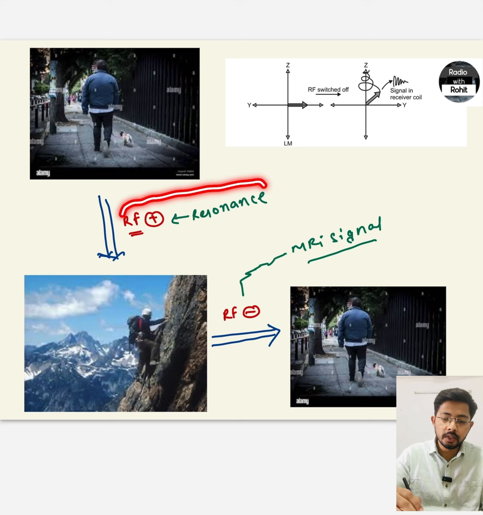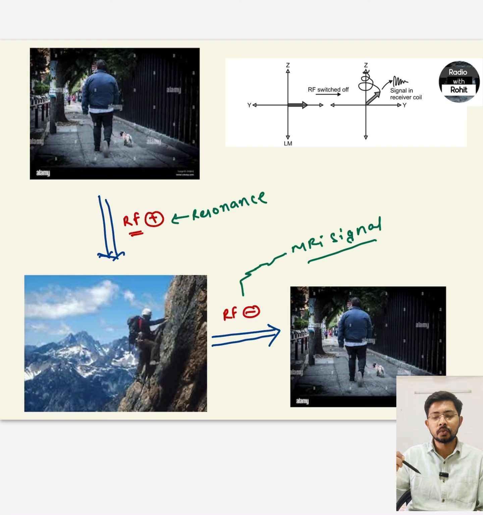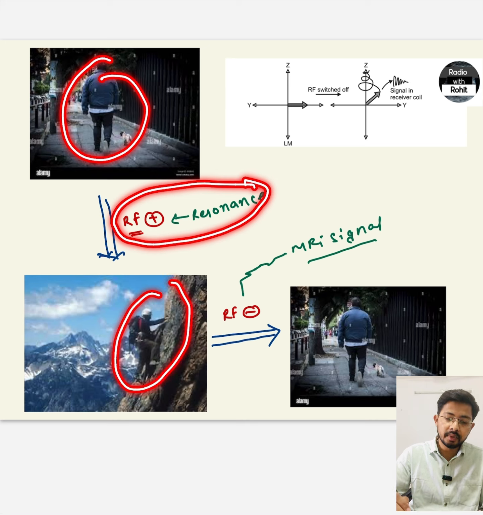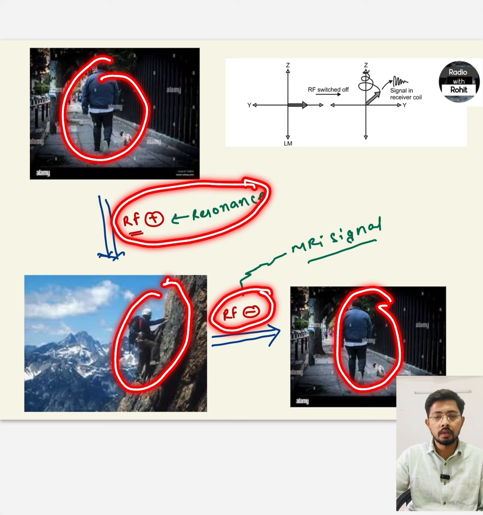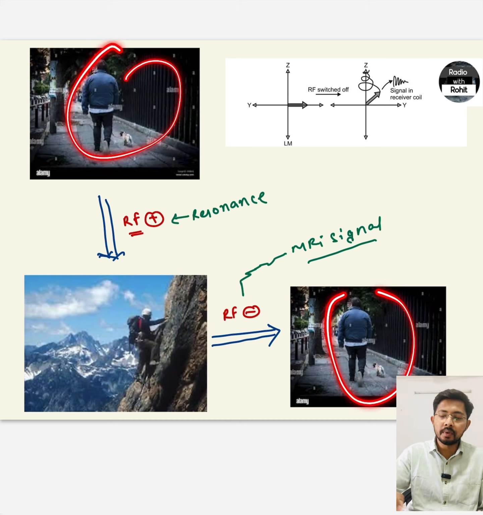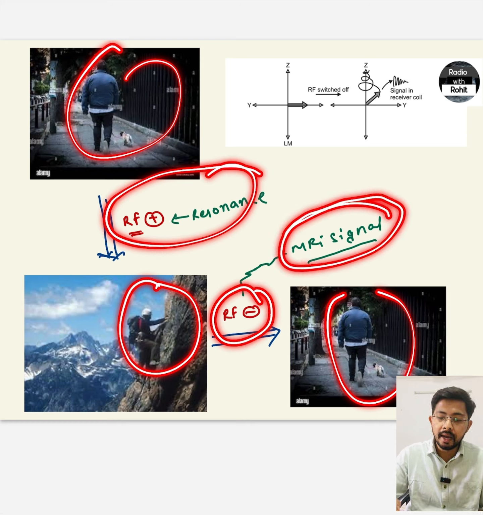As soon as we give this person some extra energy, he starts to climb the mountain, or the transverse axis. So in the longitudinal axis we give the RF pulse, this person starts to climb the transverse axis, we switch off the RF pulse, then the person starts to walk on the road. In between, we have given some energy, and this person will release this energy in the form of the MRI signal.